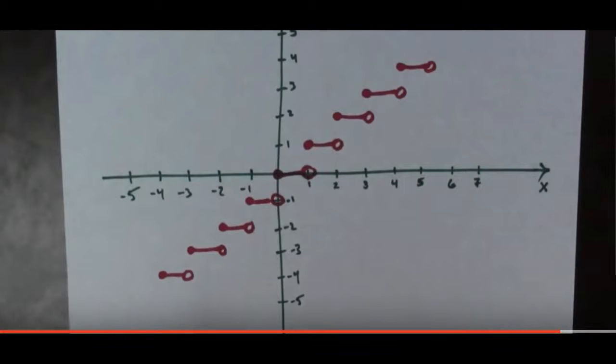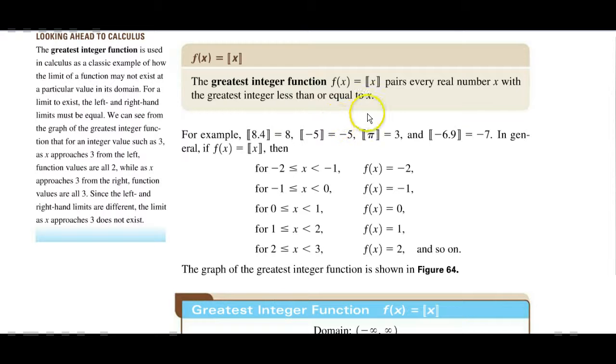Now, as we look at this, this is a step graph that we will see in our textbook here in just a moment. So we thank this fellow for his contribution to what we have been doing, and we'll get back to what we do. So all this is showing that anytime you have a value of x, you will round down to get the greatest integer function.